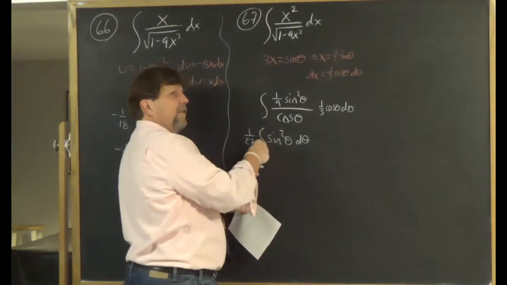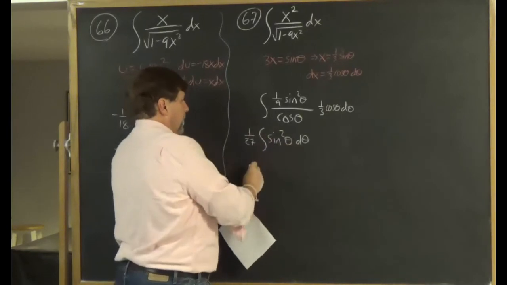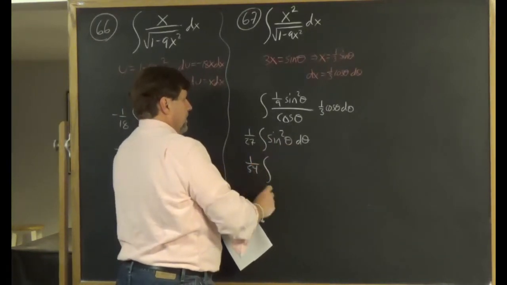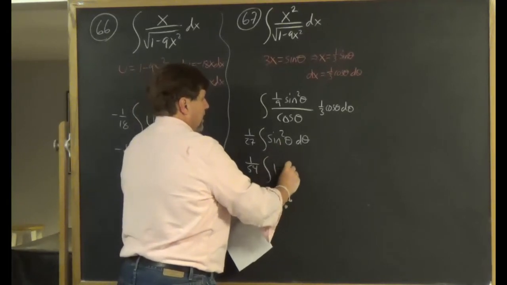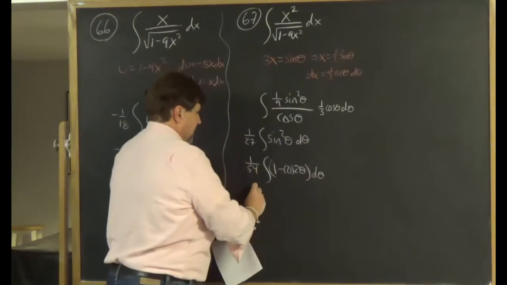This is 1/2 quantity 1 minus cosine 2 theta. Rip the 1/2 out front. So you have 1/54th the integral of 1 minus cosine 2 theta. Get your antiderivative.